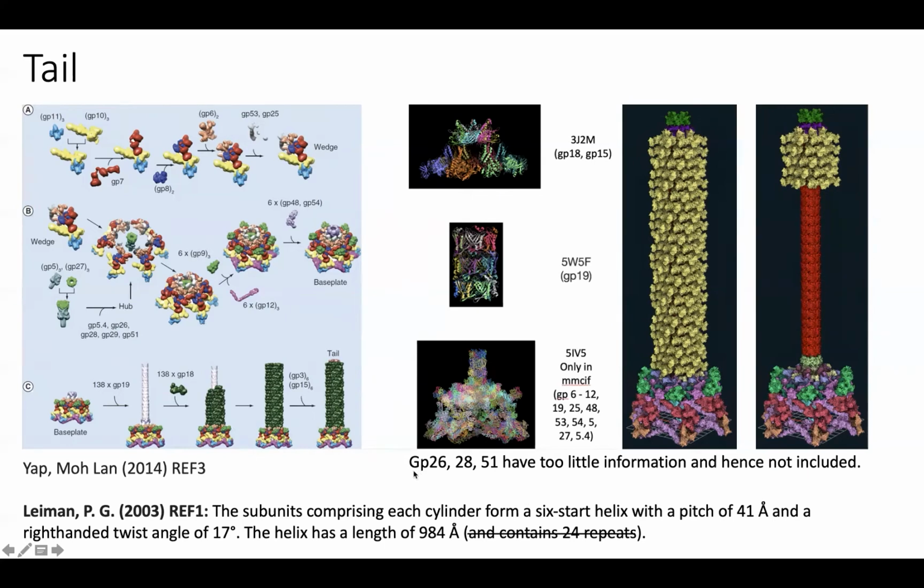However, it shows here there is GP26, GP28, and GP51 in the base plate as well, but those have too little information, both in the literature and also structurally. So we therefore do not include them in our model.